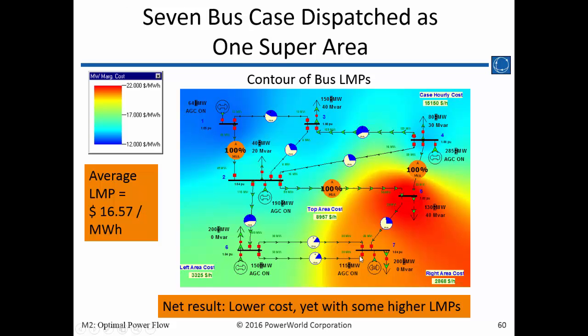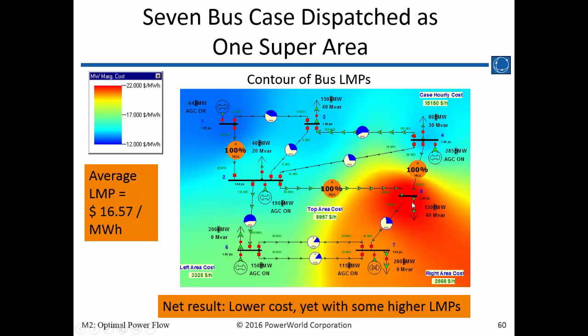And if we put it on super area control, now this generator can back down and this area can import power from outside. In so doing, we end up hitting limits on some of these lines that have high sensitivity to delivering power to this bus, and the cost drops at this bus, but it increases in other locations as well.